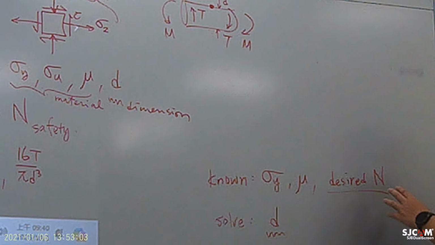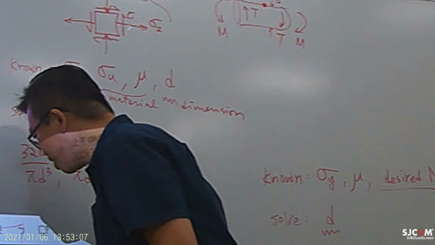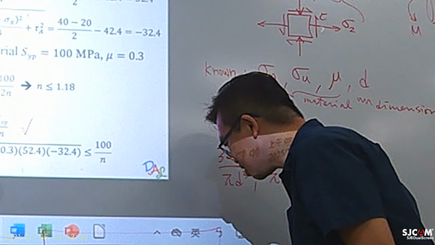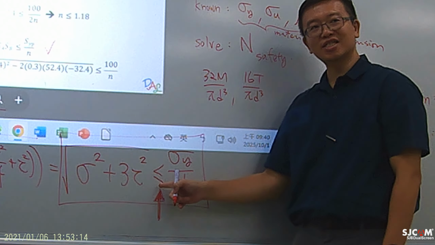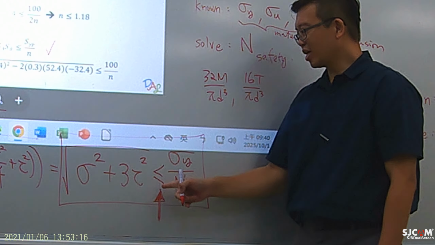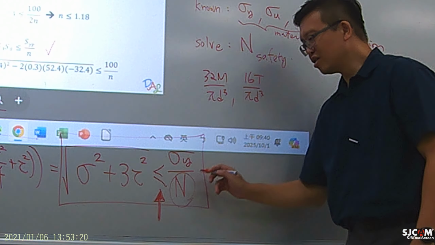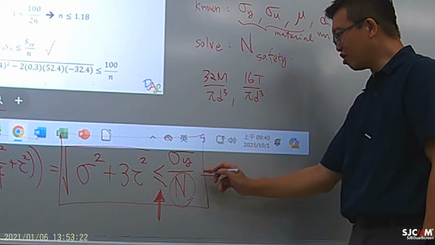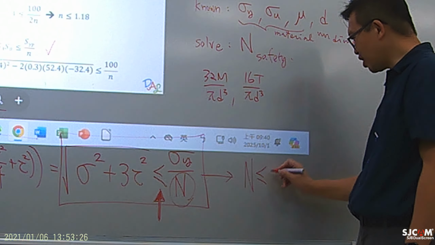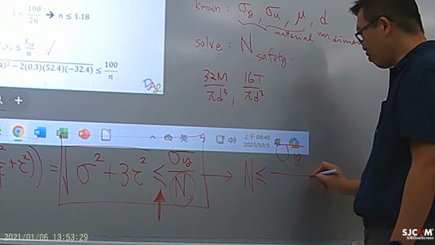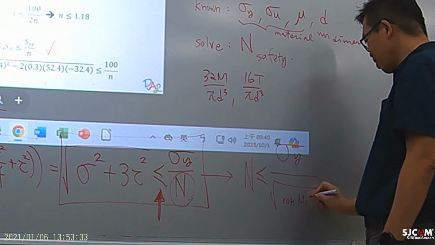So when you solve for these, be very careful about the inequality sign. Because if you are solving for safety level, like with this particular equation, at the end your safety level n is smaller than your yield strength over your von Mises stress.